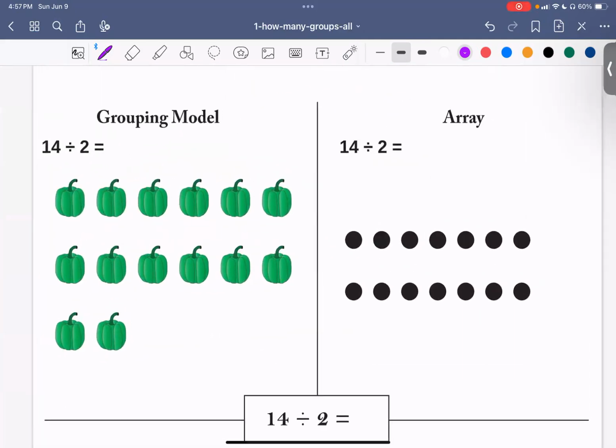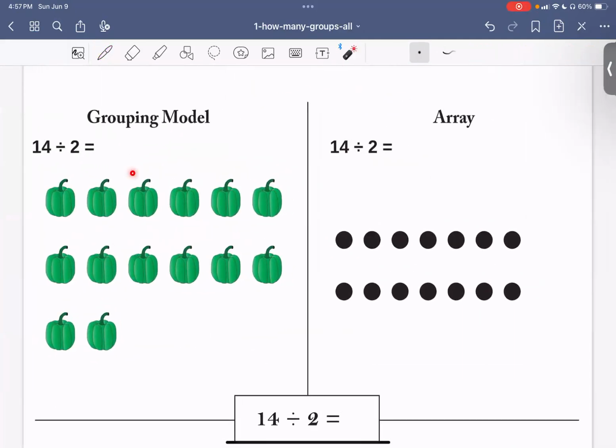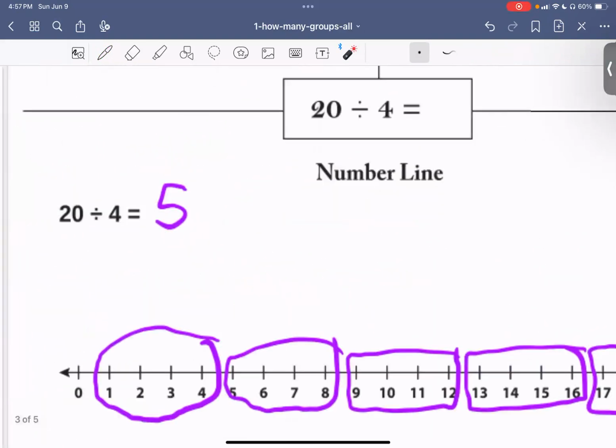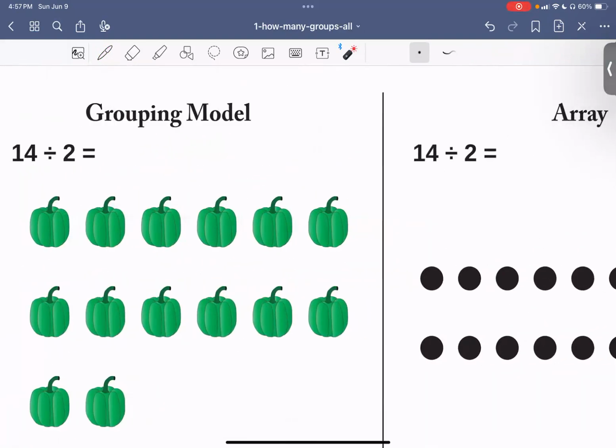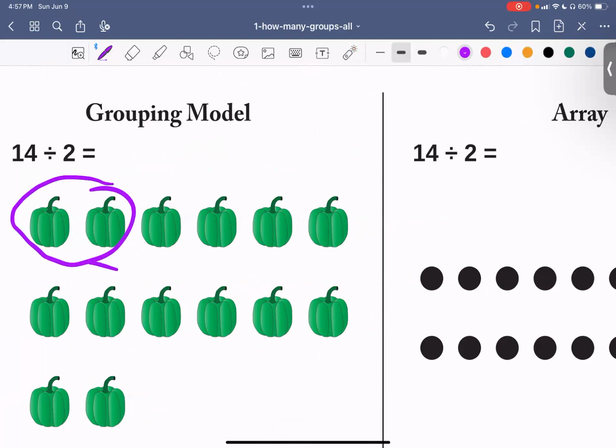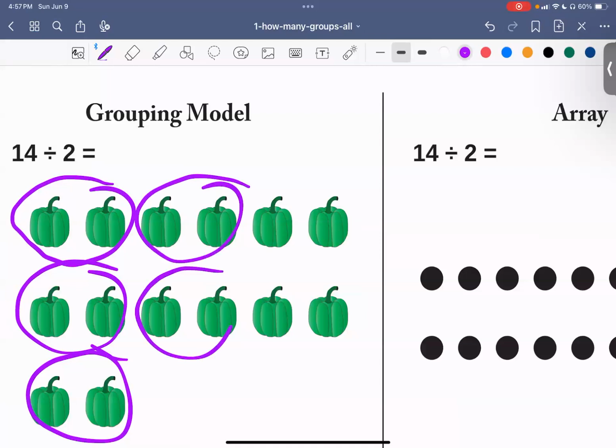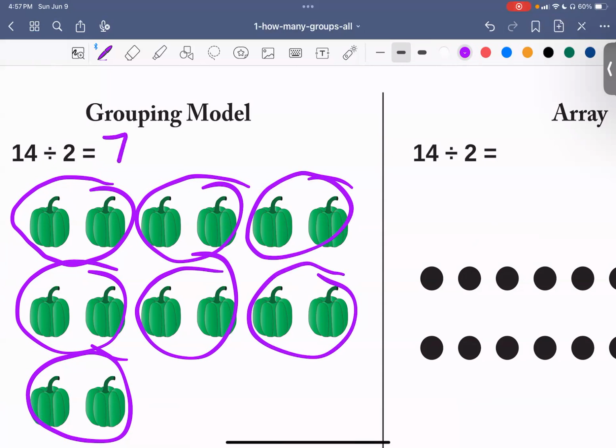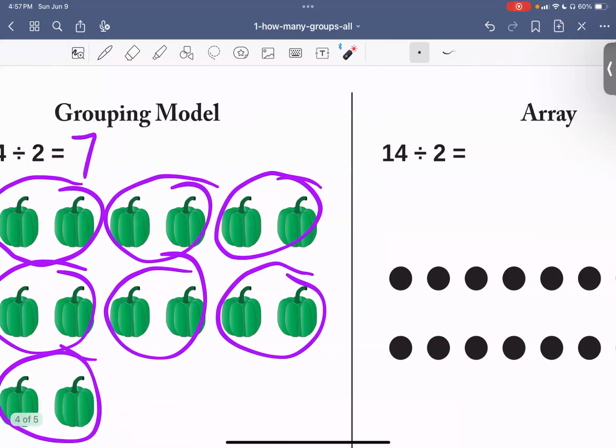So we have 14 green pumpkins, and we're going to divide it by 2. So we have one group, 2, 3, 4, 5, 6, 7. So 14 divided by 2 is 7.